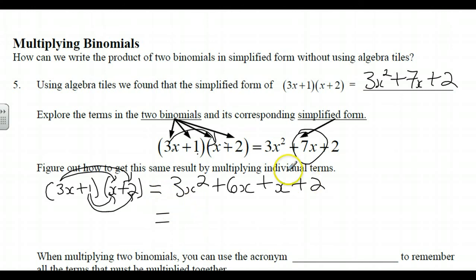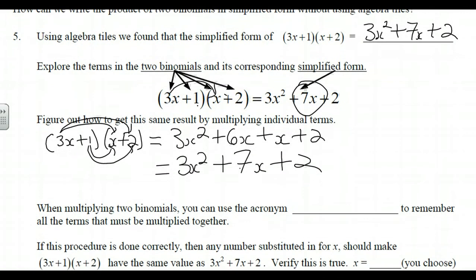We have to collect like terms. So we get 3x squared plus 7x plus 2. I've got to clean that up, I'm getting some lag here.